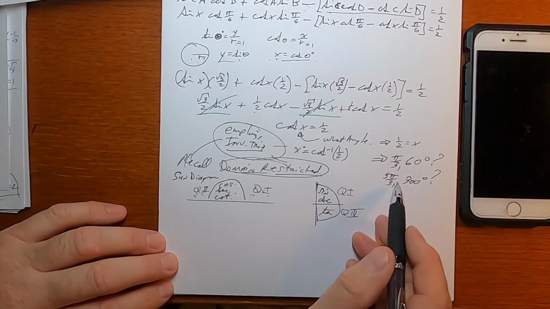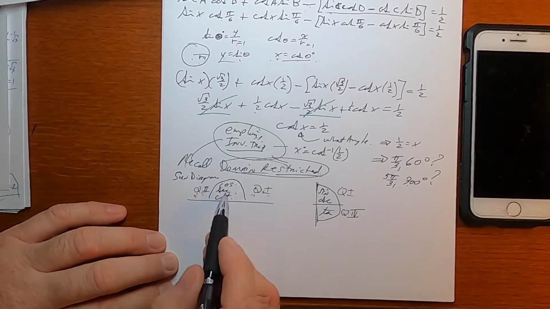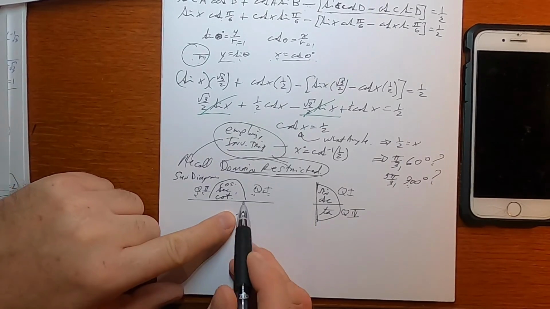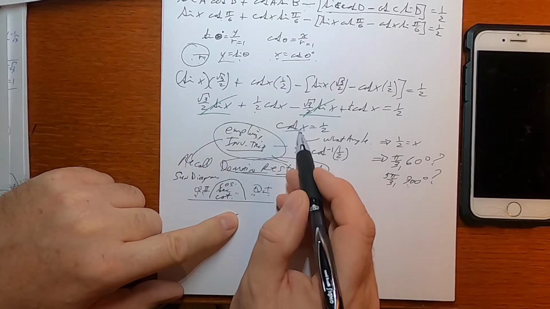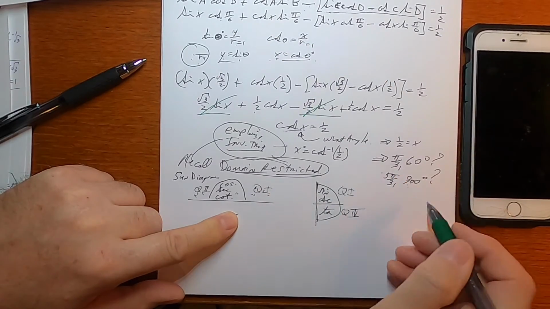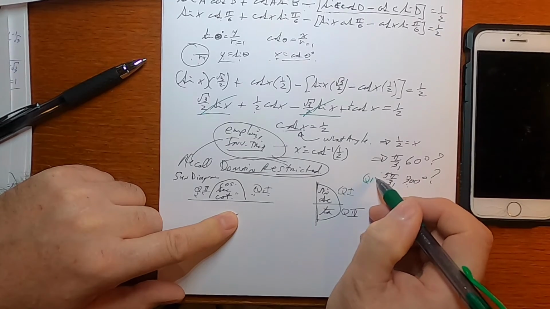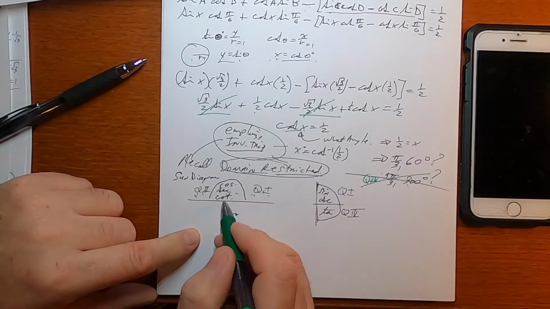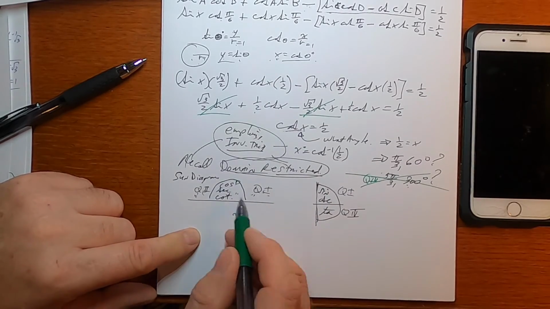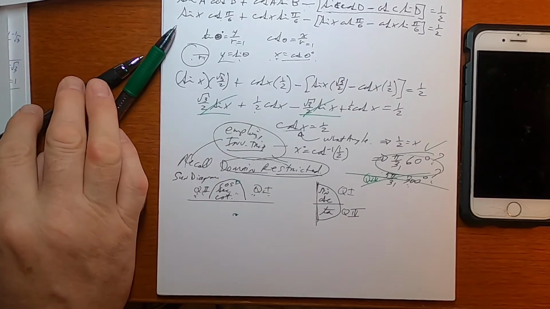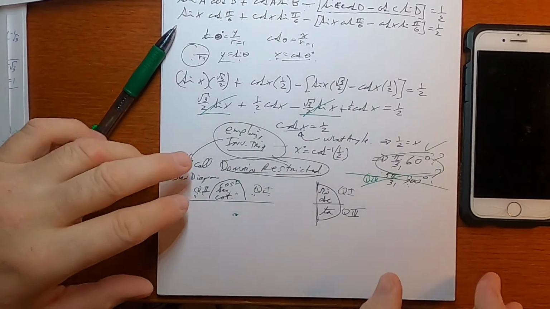So 300 degrees is clearly in quadrant 4 for the cosine inverse, so that wouldn't be allowed. We need something in quadrant 1 or 2, and so the answer is pi over 3 or 60 degrees.